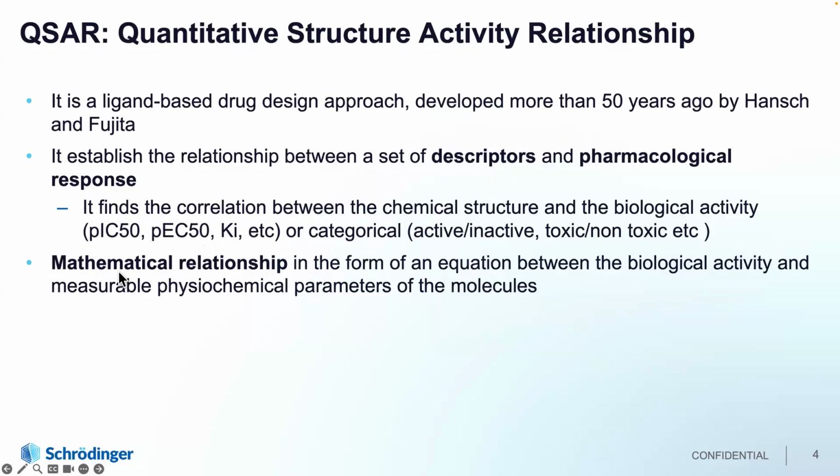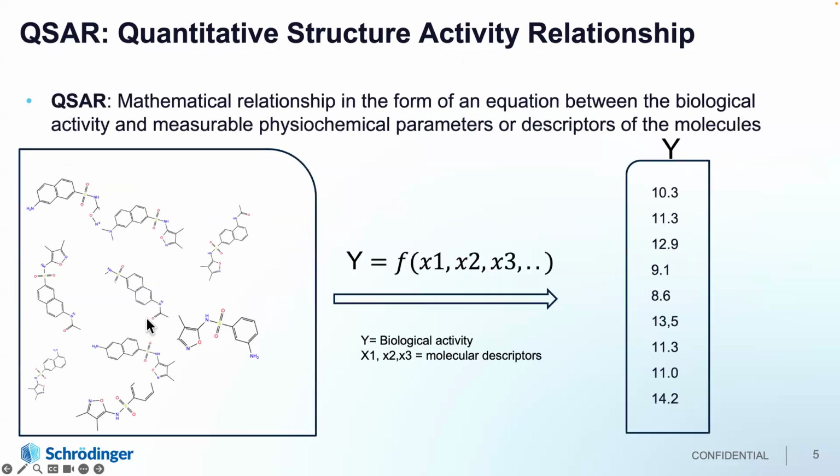It basically generates a mathematical model between your structure and the activity. Now people call these machine learning methods, but typically the older method is called QSAR, quantitative structure activity relationship. If I see the overall picture, I have some ligands, and for those ligands I know the Y, or the biological response.